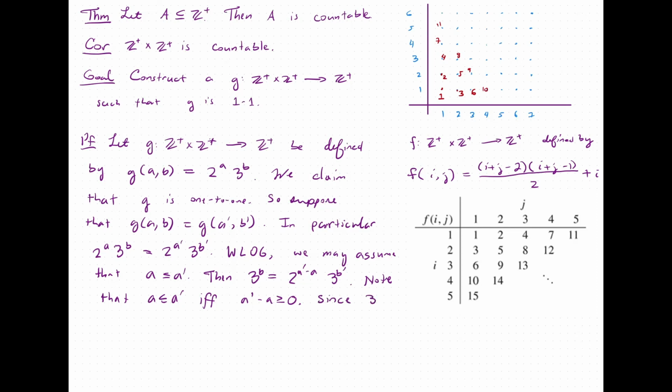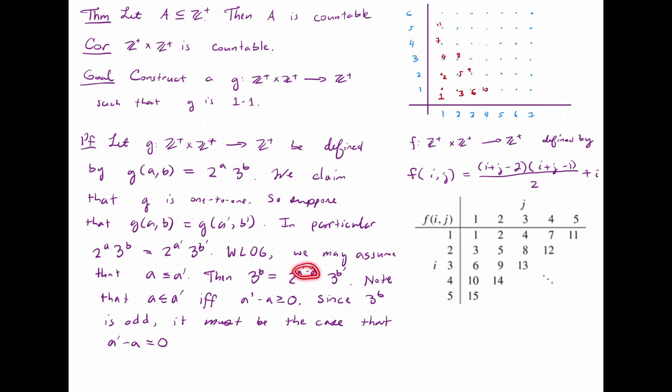Since 3 to the b is odd, it must be the case that a prime minus a is equal to 0. Because if it were not, we would have that this here will be some positive integer.